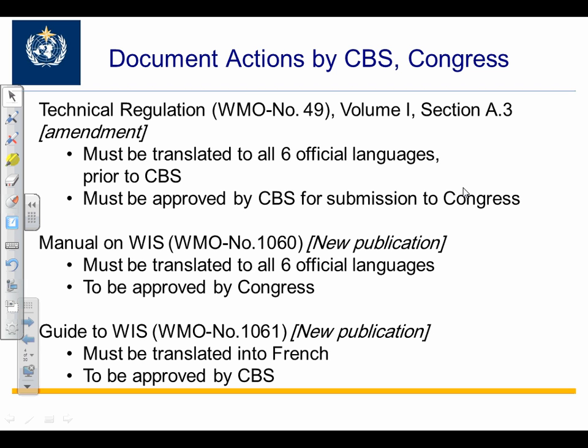The text of these 2 publications is almost entirely a cut and paste of already approved other official documents, such as those that were produced during the specification of WIS by the different expert teams.